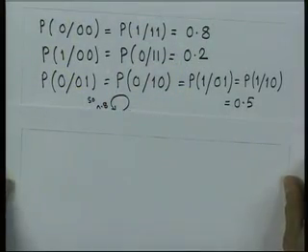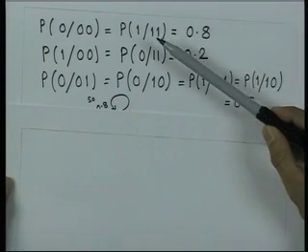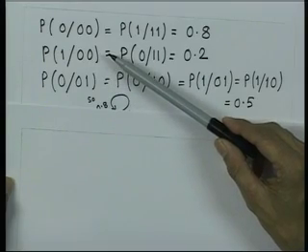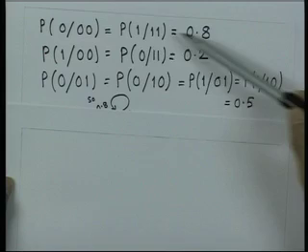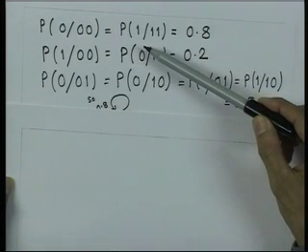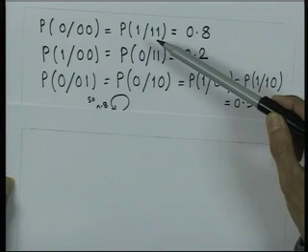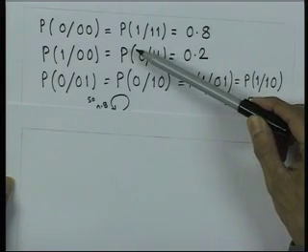Let me go back to the previous example which we had looked at earlier, where I have a second order Markov source and the conditional transition probabilities have been given as shown here. So, this source consists of two binary symbols 0 and 1, and it is a second order source.